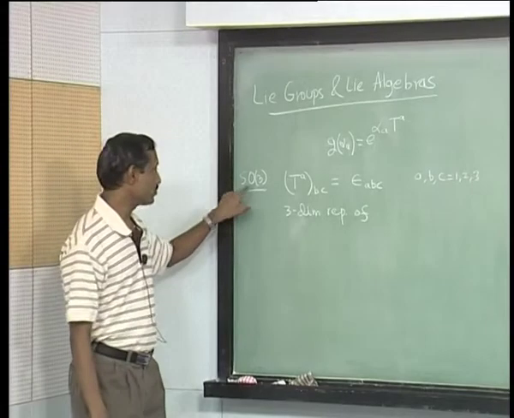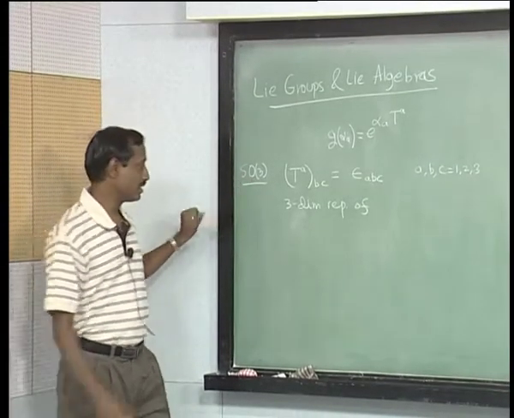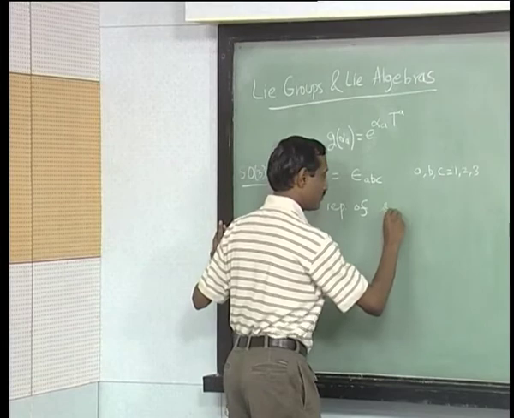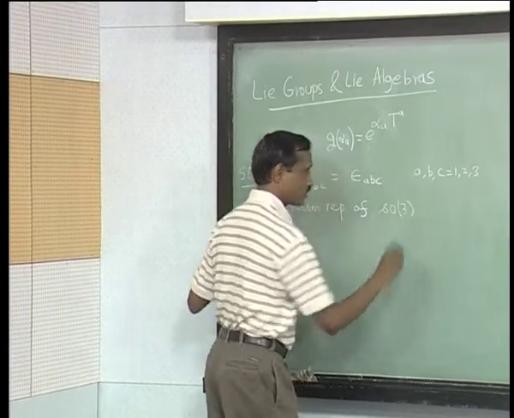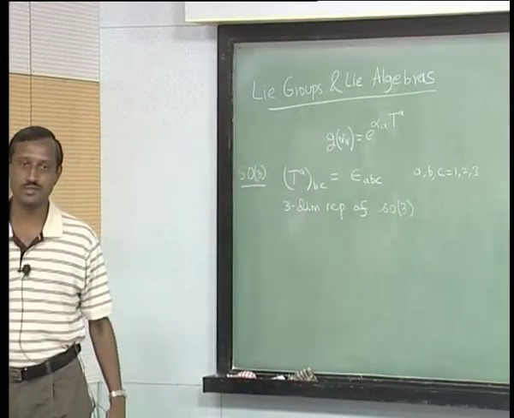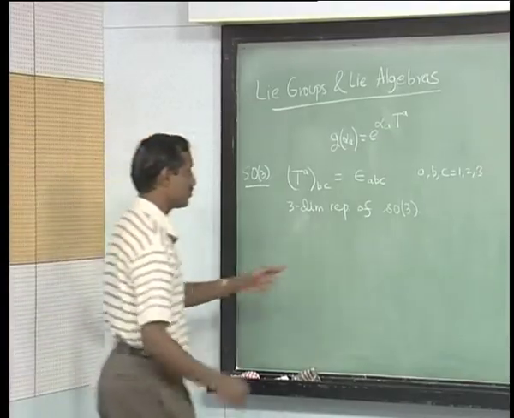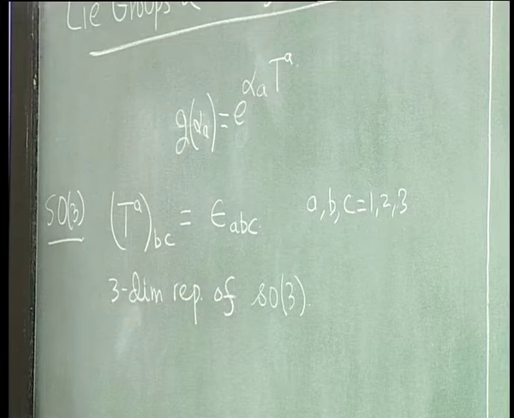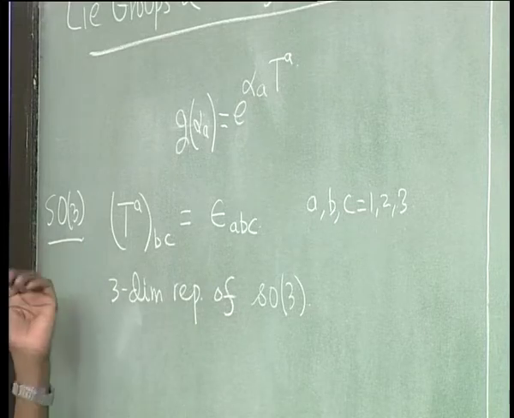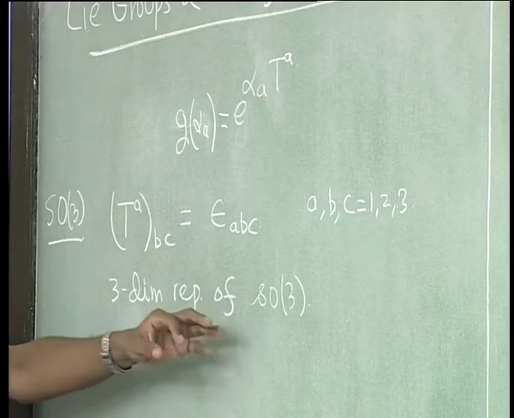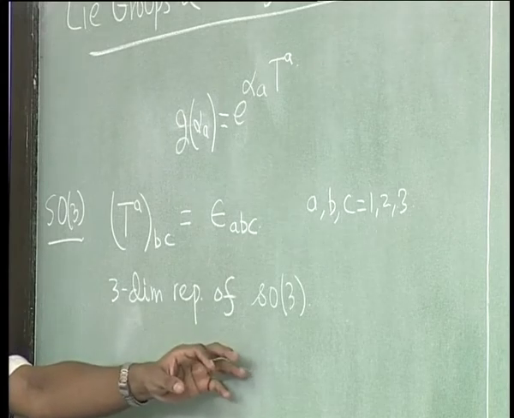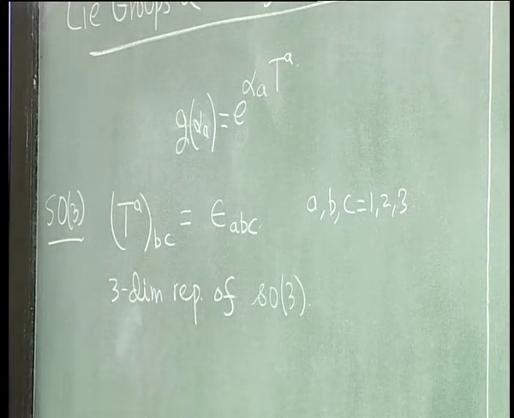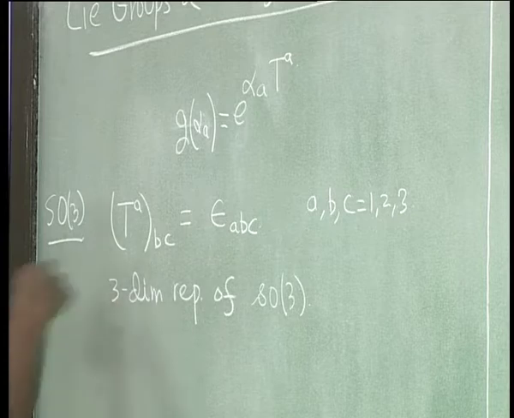So the group SO(3) would be written this way, and here I would mean the Lie algebra, so(3). Some books use some different script or font, but for writing at least you can use uppercase for the group and lowercase for the corresponding Lie algebra. This is standard notation, and so we are in a 3 dimensional representation.